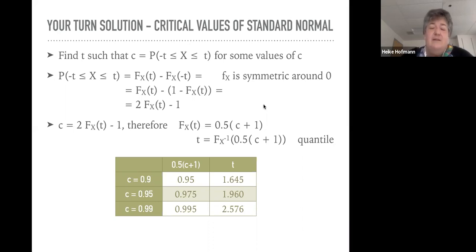And then if we're looking at the 99, if we want to have 99% of the probability between values negative T and T, we need to go up to a value of T of 2.576.